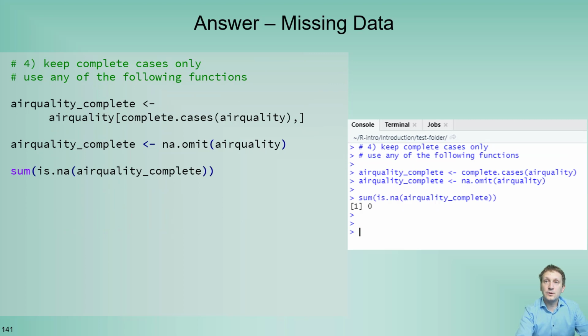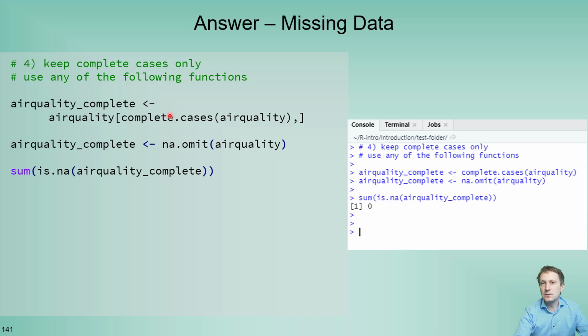And lastly, if you want to keep only the complete cases, there are two ways of doing that. You could first figure out the rows that contain complete cases with the complete.cases function. So complete.cases air quality gives us a vector of TRUE and FALSE, stating which row contains complete cases.